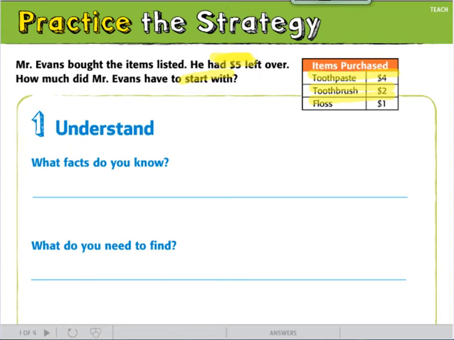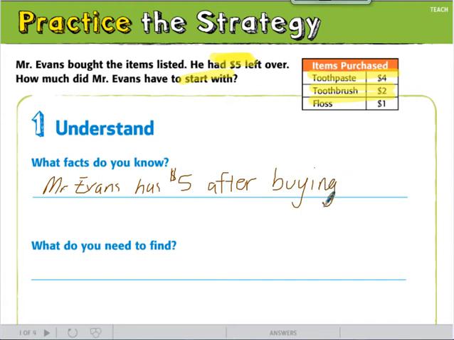So what facts do we know? We know that Mr. Evans has $5 after buying toothpaste, a toothbrush, and floss.